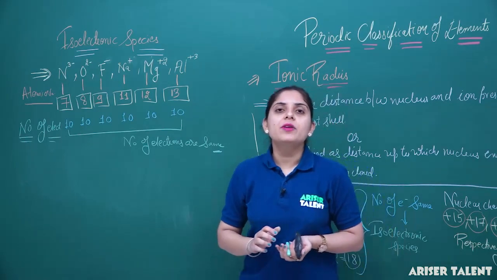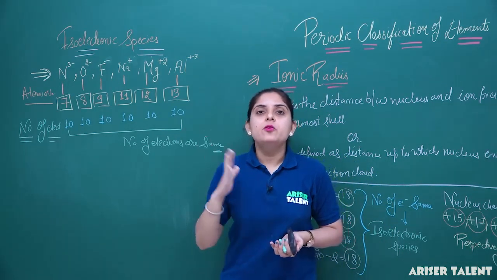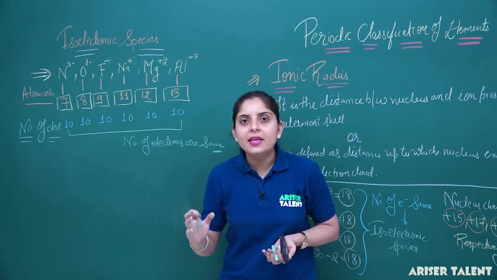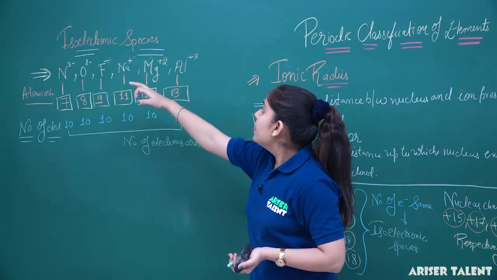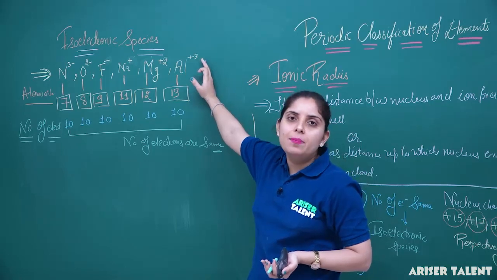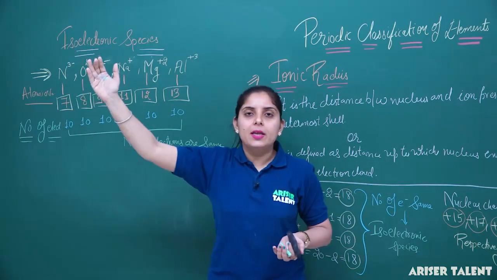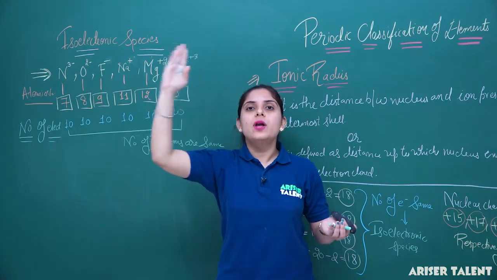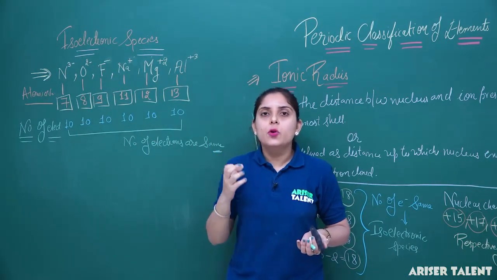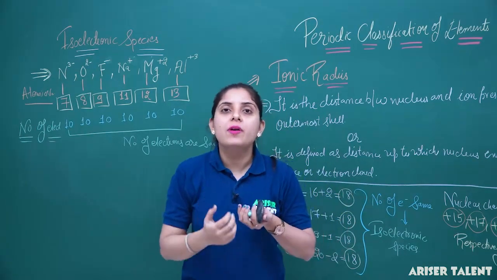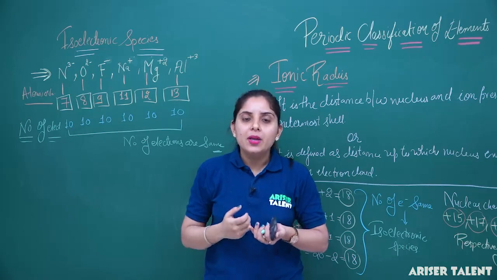We know that if we move from left to right in the periodic table, the atomic radii will decrease. Aluminium, that is Al plus 3, is the element which comes on the right side of the periodic table. So in moving from left to right, the atomic radii decrease. The same trend will be followed by the ionic radii because the effective nuclear charge increases.